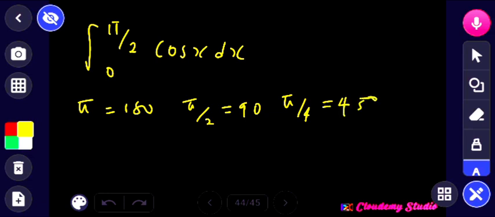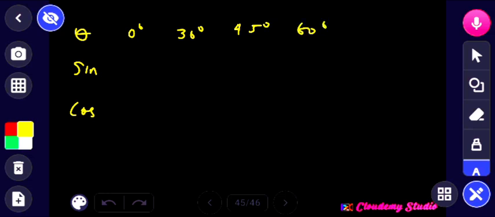Now, in this case, we are going to have degrees, sine, and cos. We have 0 degrees, 30 degrees, 45 degrees, 60 degrees, and 90 degrees. These are the basic ones that we have.